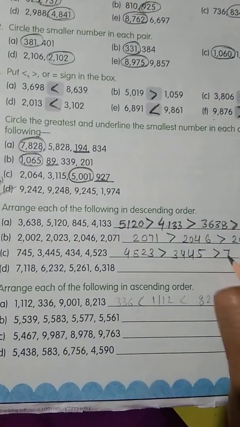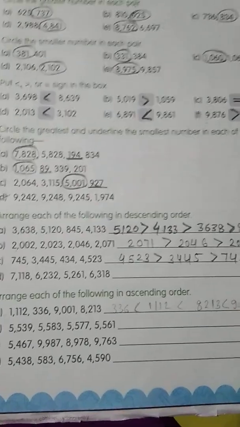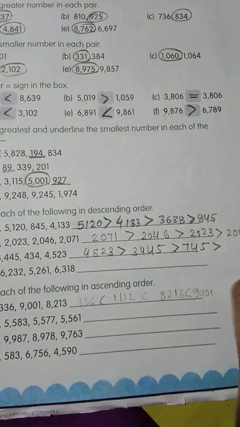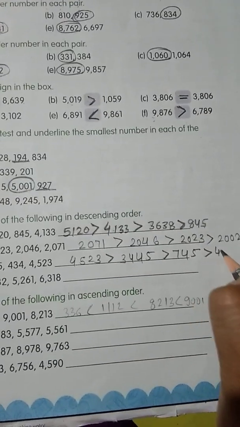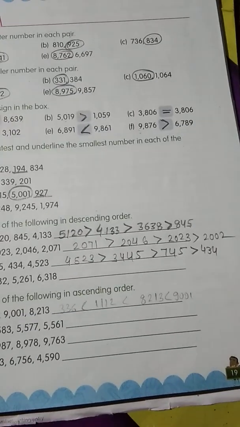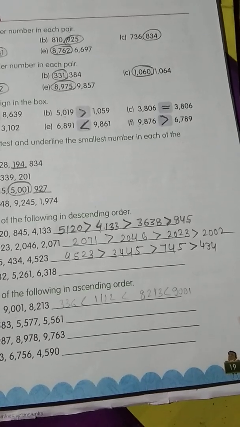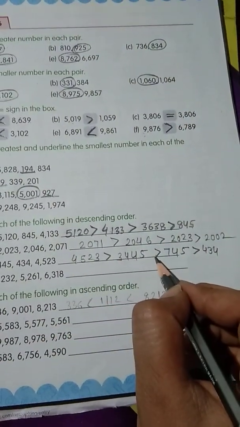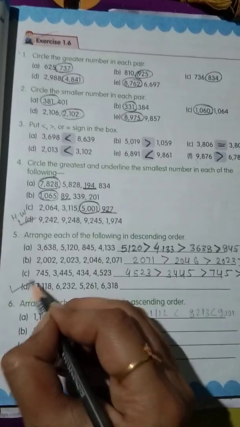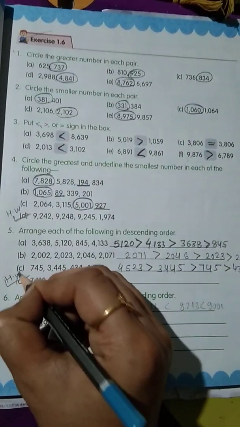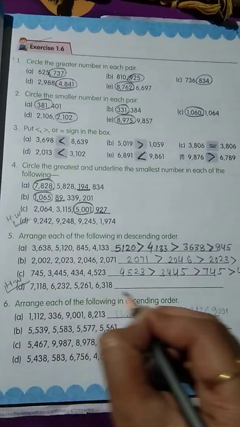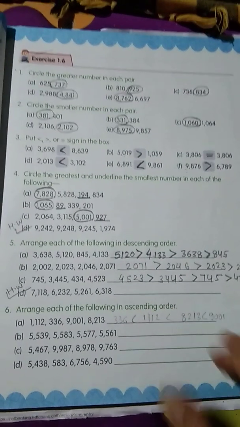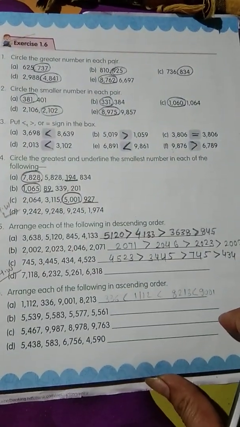After then 745 and 434. Okay, all of you understood? Descending order, greatest to smallest. So this one, D, is your practice question, so complete it in your book. Okay, so all of you understood descending order?